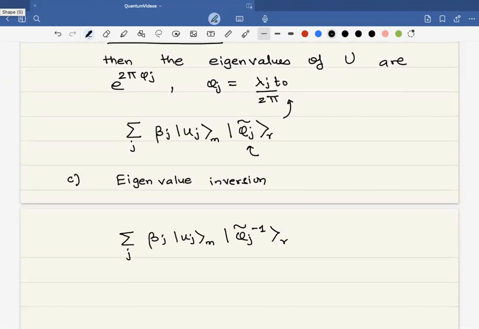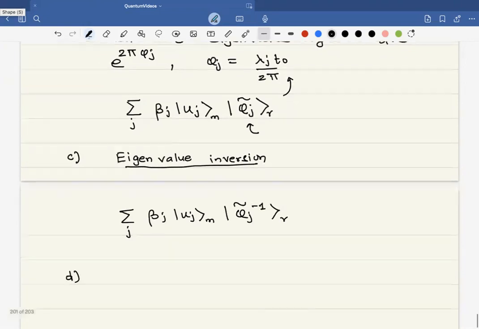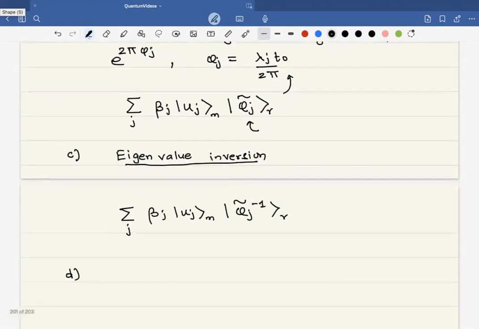The next step is a control rotation step. So step number D, I'll call this. This is the controlled Y rotation. So the next step is we'll do a controlled rotation, and over here we'll have one more register, which is Ry of theta for a suitable theta.